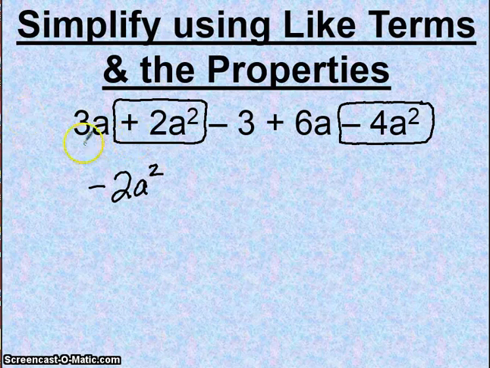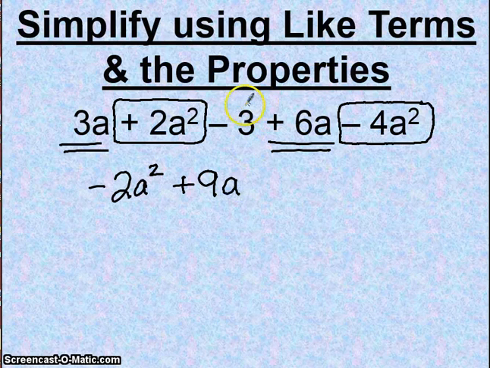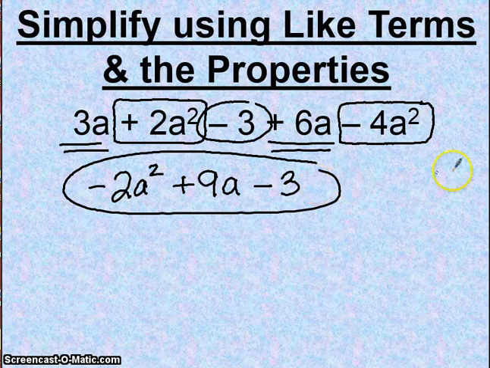Well, if we continue looking, we have 3a and positive 6a. So if you have 3 and you have 6 more, you have 9a. And then last, we have a constant, and there are no other constants, so we just bring that down. And this is our simplified expression because none of our terms have any that are similar to them.